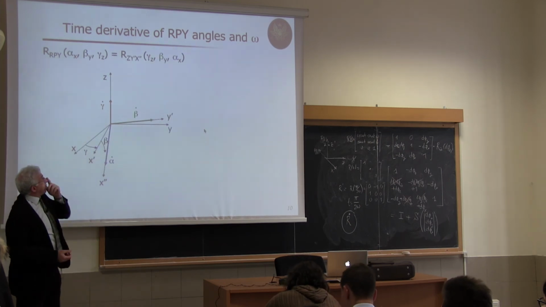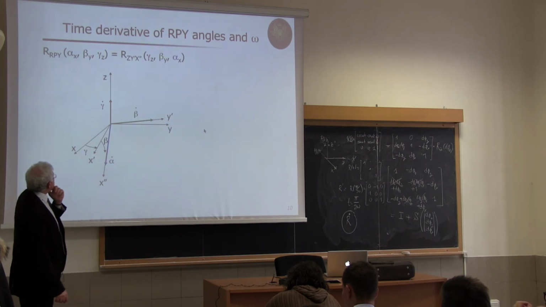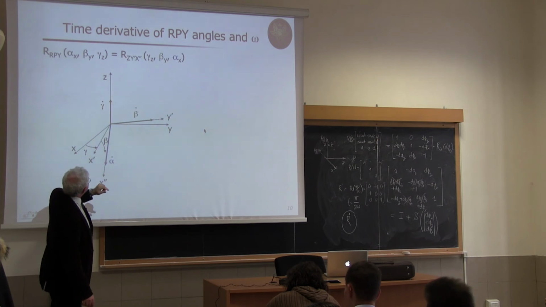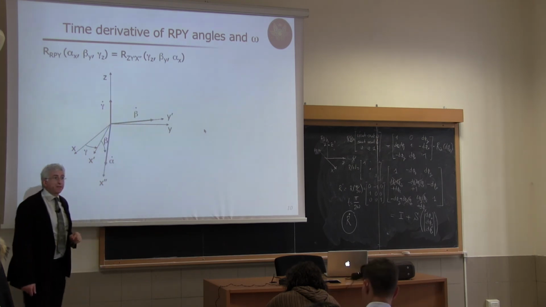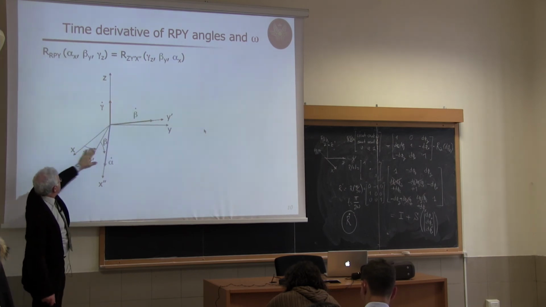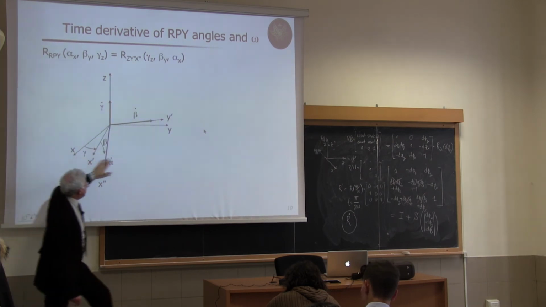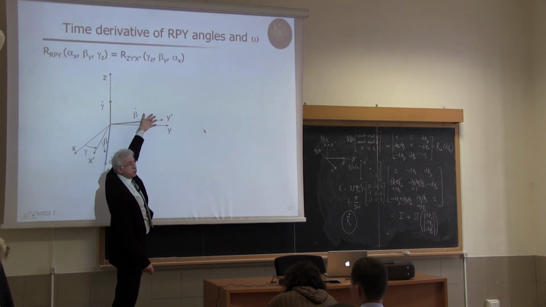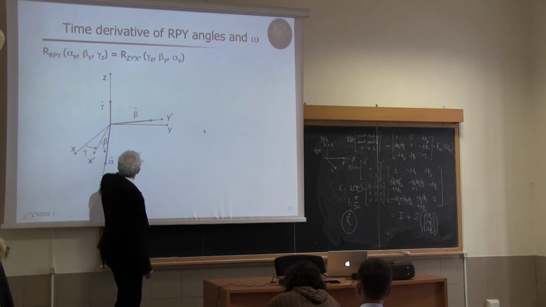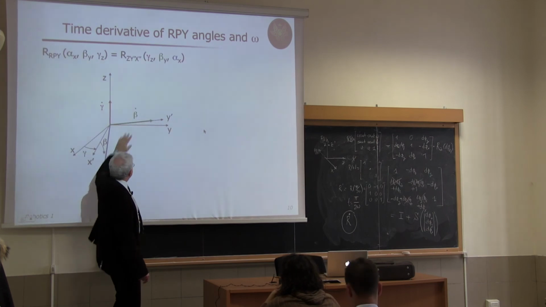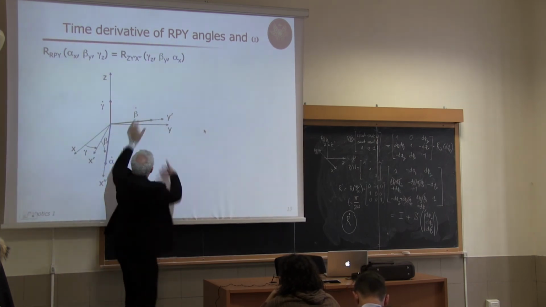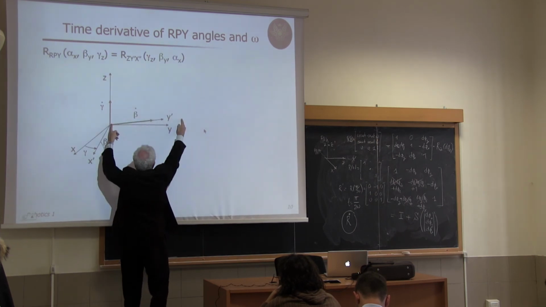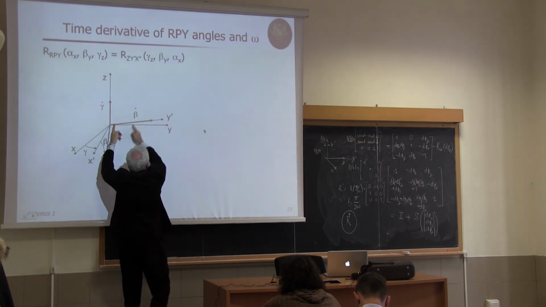Now, the second angle, beta, is a rotation around the resulting y-axis after the first rotation. So the first rotation brought x to x prime, and y to y prime, and now I'm rotating around this axis by an angle beta. And now I'm changing the speed of this rotation. So I'm going faster, with a longer vector here, or slower.